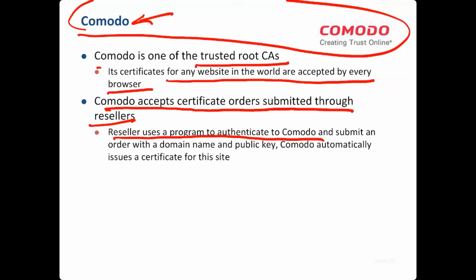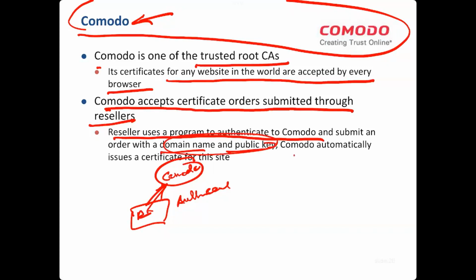First, the reseller must communicate with Comodo, and we have already studied that it has to be authenticated, right? Login or whatever. Once the reseller submits the domain name and the public key, Comodo issues the certificate.